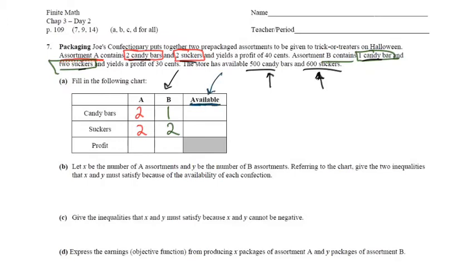That is really our constraints, right? This helps us define our constraints. We are constrained by, in this case, how many candy bars and how many suckers we have at the business. So these are our constraints when we talk about availability. So the candy bars available is 500. Suckers that we have available at the business is 600.